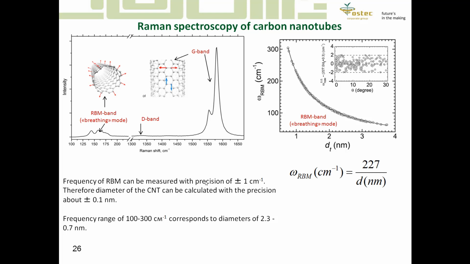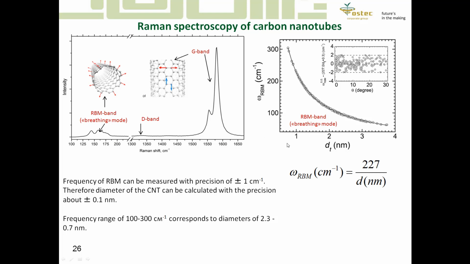So one very important application of Raman spectroscopy is identifying the structure of carbon nanotubes, and there is the so-called radial breathing mode band, which is located around 150, below 200 wave numbers.